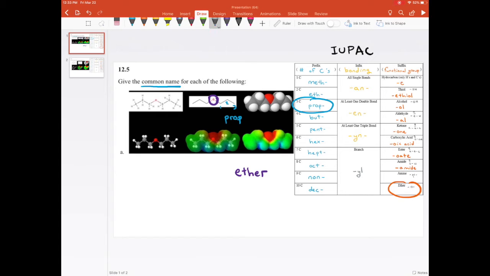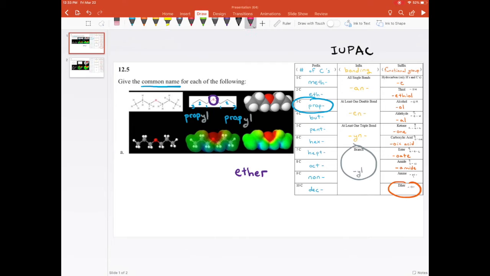And because it's a branch, immediately after that comes yl. The carbon chain on the left has 1, 2, 3 carbons. Again, the prefix is prop, and because it's a branch, again, immediately after that comes yl. So far we have a backbone called ether, and we have 2 branches, each of them propyl.